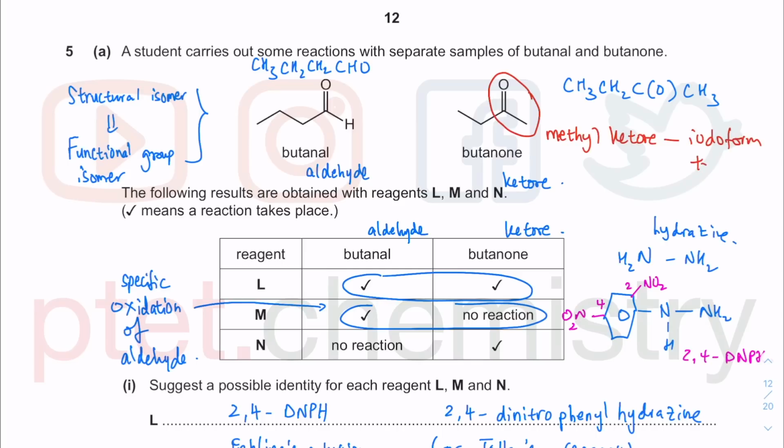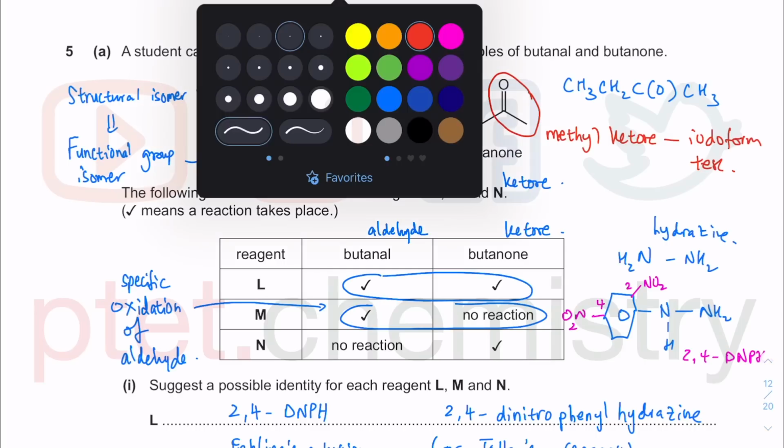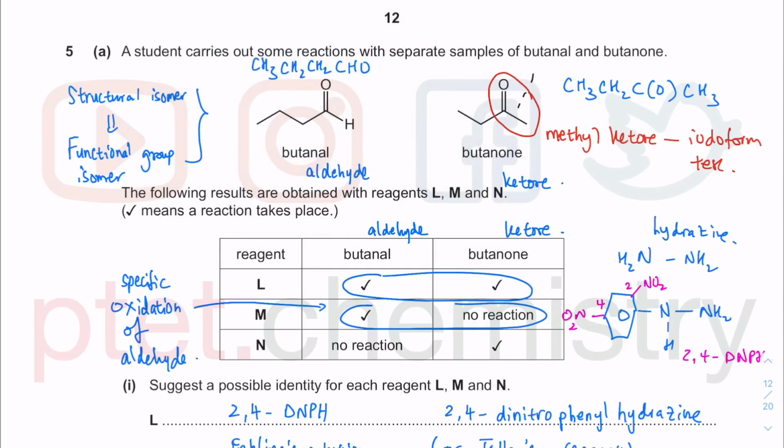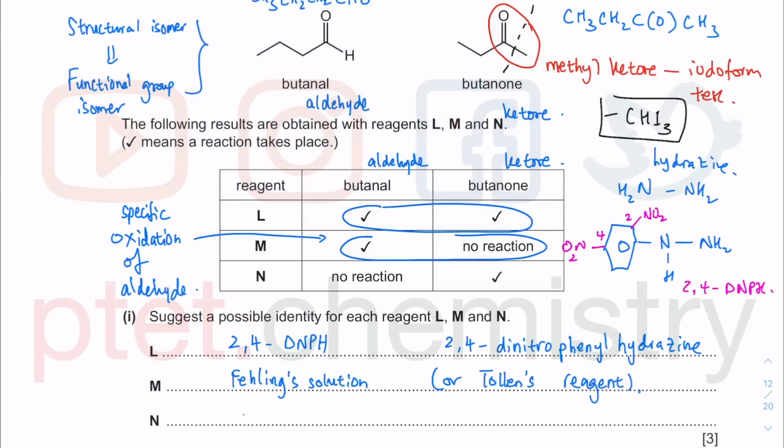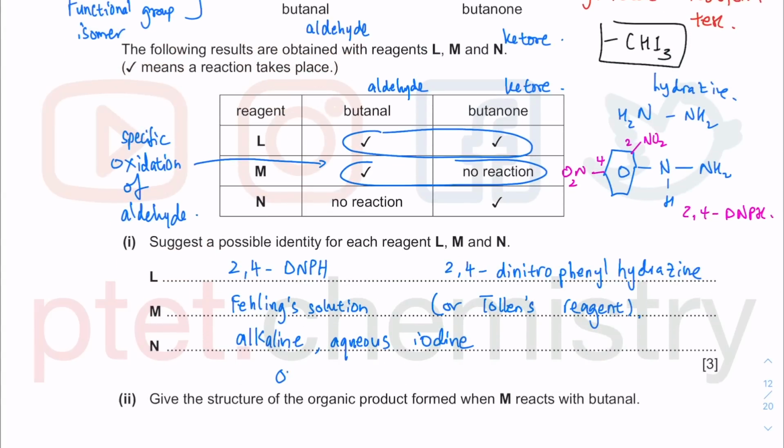The iodoform test will fragment away this CH3 at the end there as CHI3, triiodomethane. It has to be alkaline. It won't work without alkaline conditions, and then it's aqueous iodine, I2. Or what you can do is write OH- and then I2(aq). That would be okay as well.